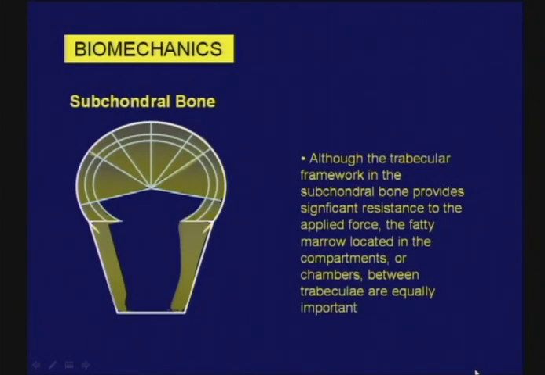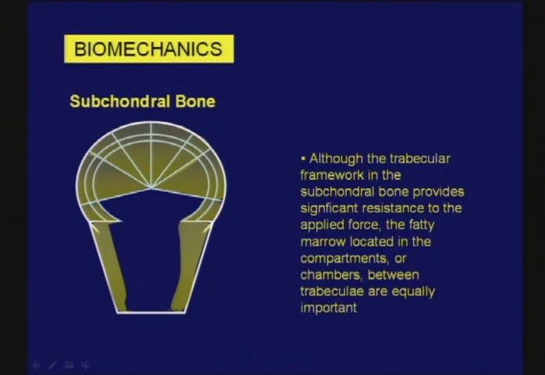But we have another component as well within the ends of the bone and elsewhere, and that is the fat. So when we talk about the distribution of force and how it is picked up by the bone after it gets through articular cartilage, we have to consider not only the framework of the trabeculae, but also the fat between the chambers.